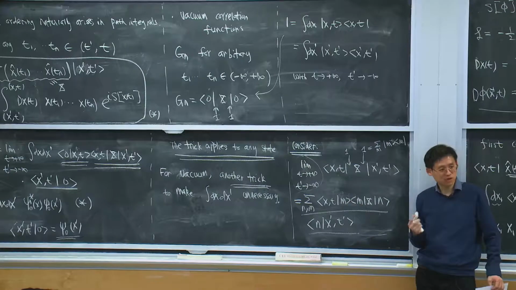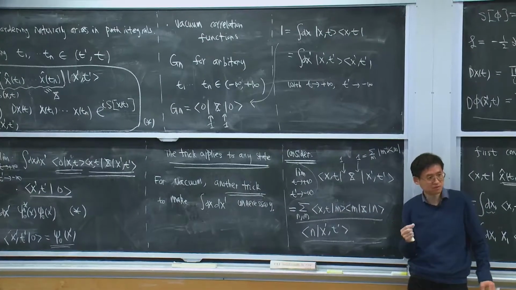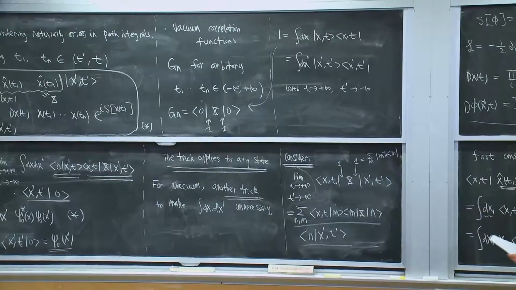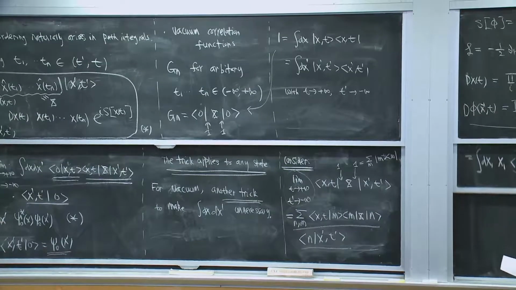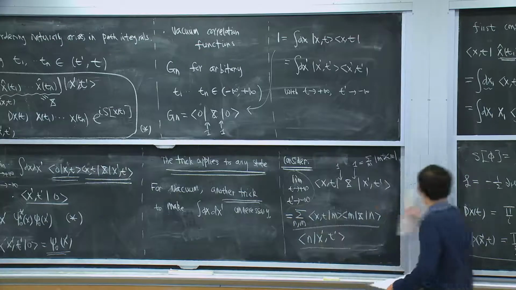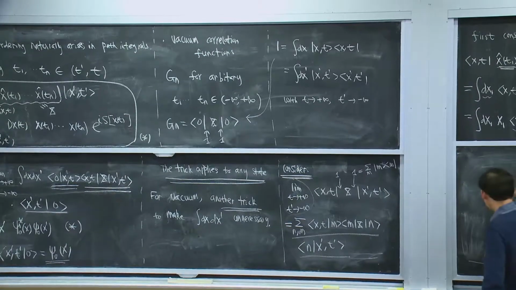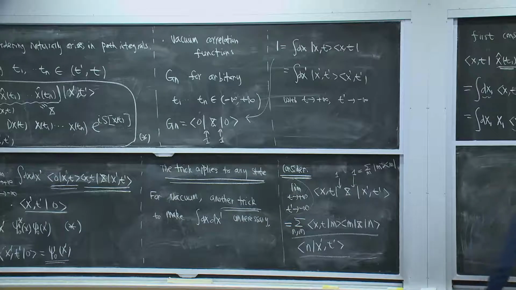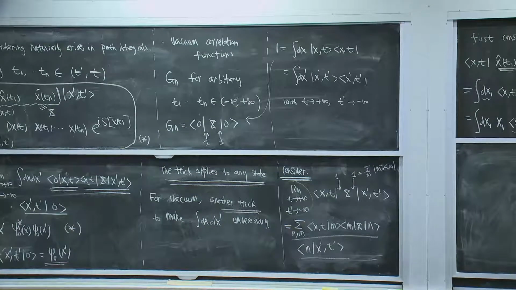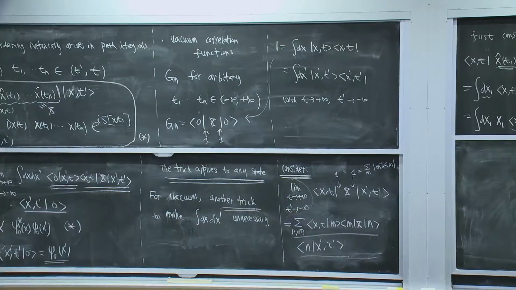So now we will use a trick to isolate the n equal to 0 and m equal to 0 piece. This is a commonly used technique in quantum field theory, and actually in many areas of physics.